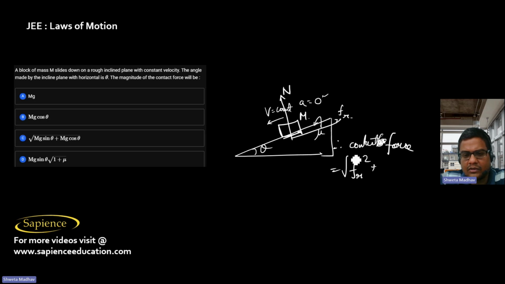So it will be square root of Fr square, frictional force square, plus normal reaction square. Here its mass is m. So here mg is acting vertically downwards and this angle is theta. So this will be mg cos theta and this will be mg sin theta.